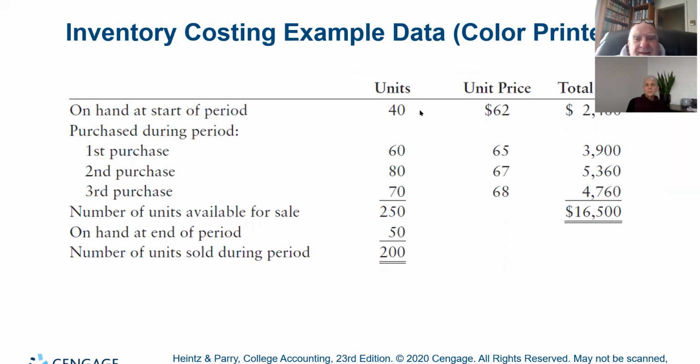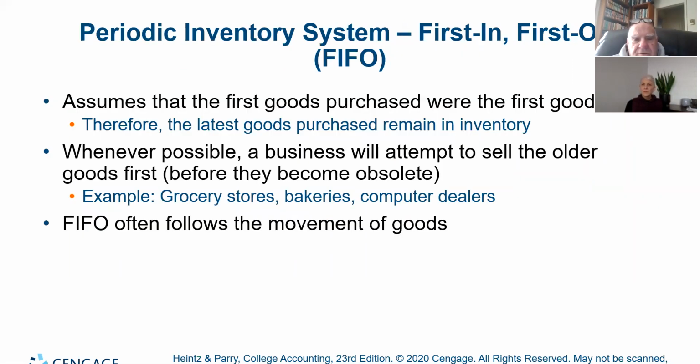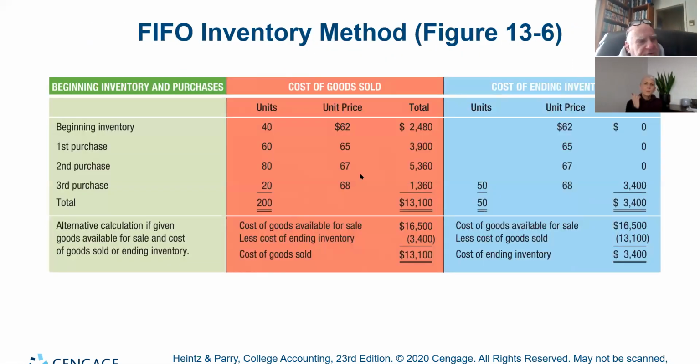So the 40. Yeah, we sold the 40, and then 60, 80, and the remaining 20 out of the third tranche here. So we got 40, 60, 80, 70.